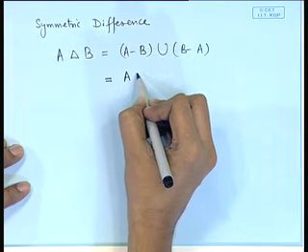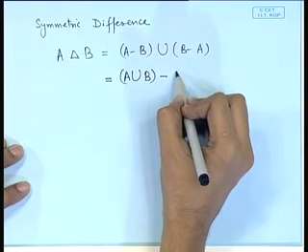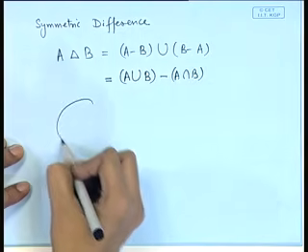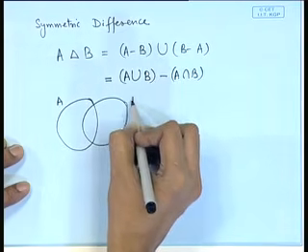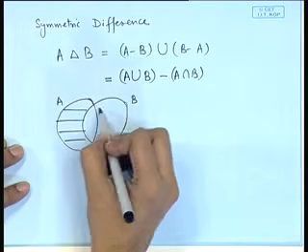An equivalent interpretation for this is A union B minus A intersection B. From the Venn diagrams, we can see that if I have two sets A and B, then the symmetric difference is the shaded portion.